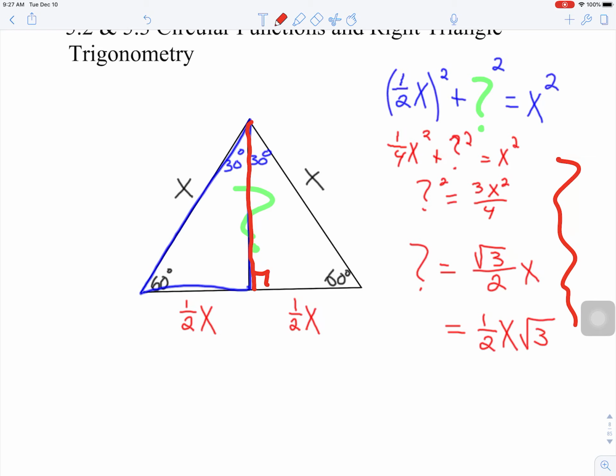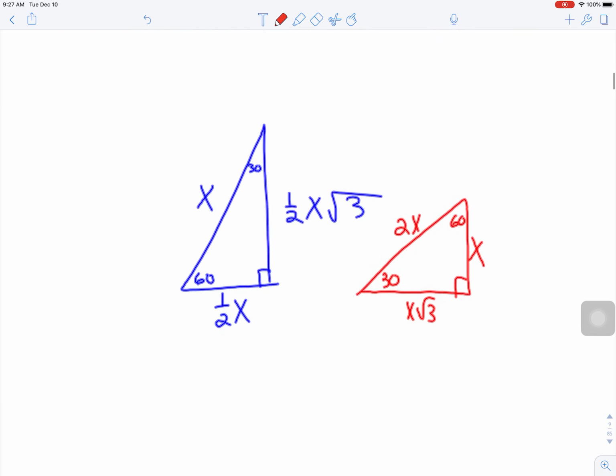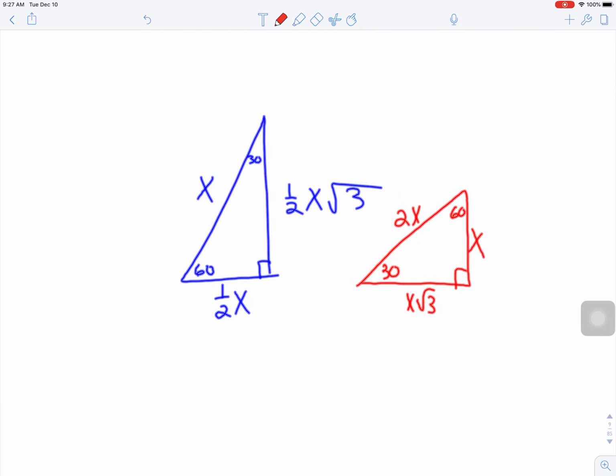So what that creates for us is a pattern of these three sides on a 30, 60, 90 triangle. And this relationship looks like this, that if you know what the hypotenuse is, now I'm doing it in two different ways. The side across from the 30 is half of the hypotenuse.